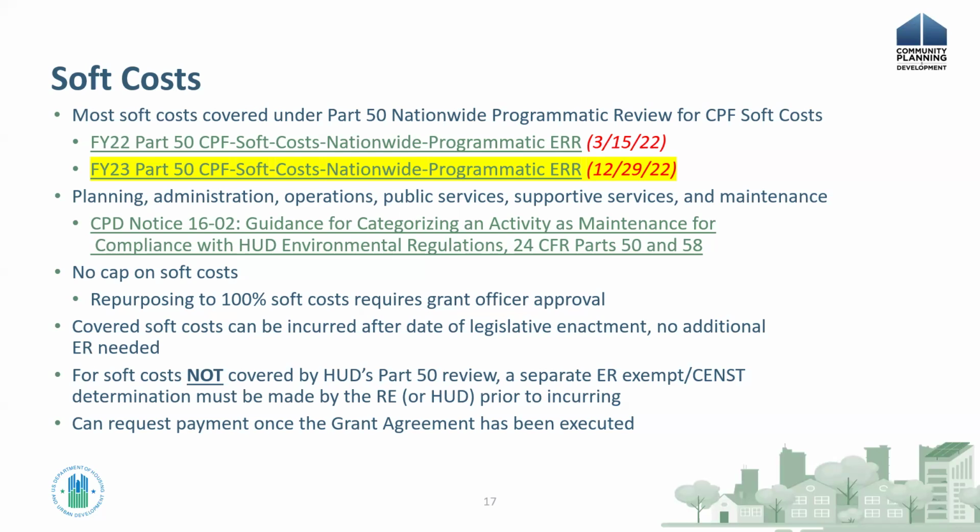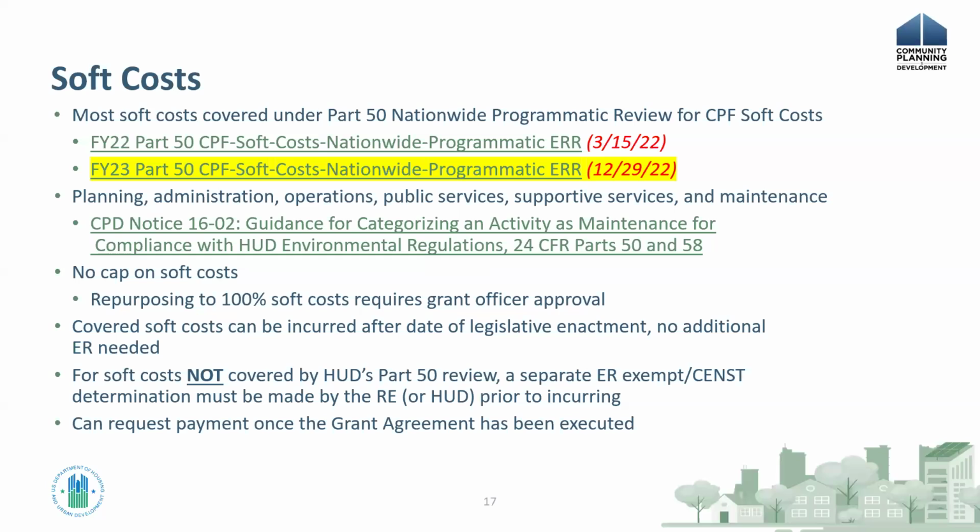So that needs to be done before you can start incurring any of those non-covered soft costs. It's essentially just a determination that those costs are either exempt or CENST. There are 3 laws and authorities, so it is one of the quick reviews.